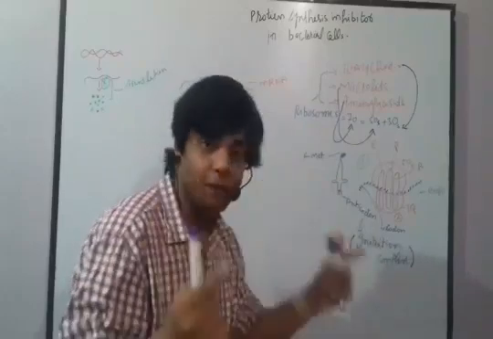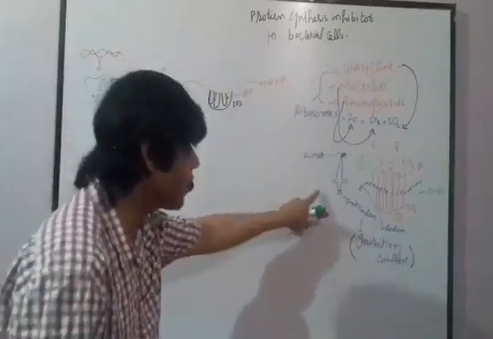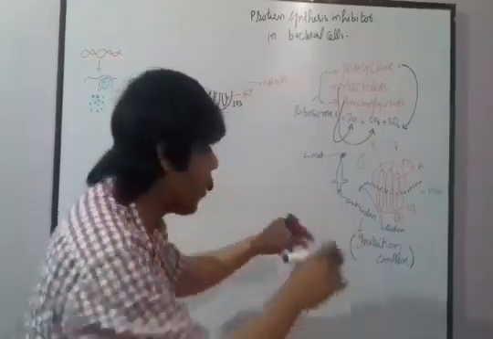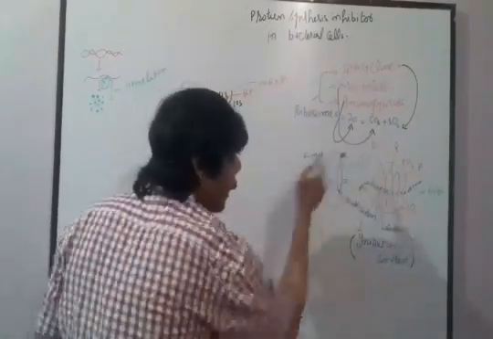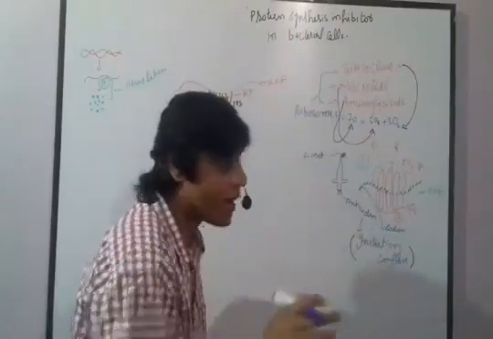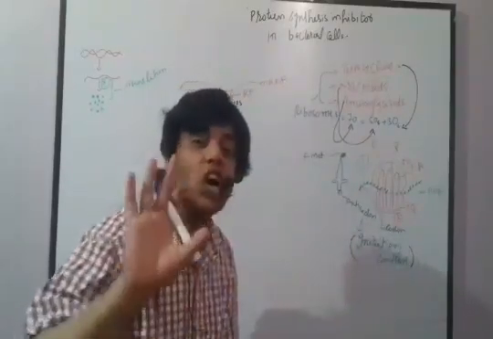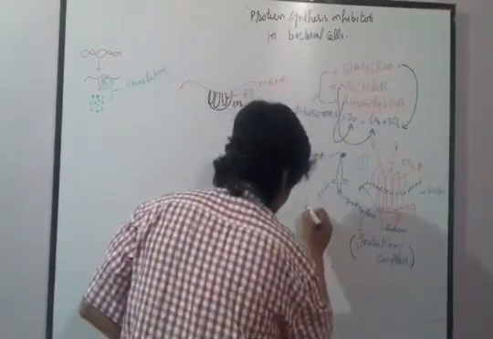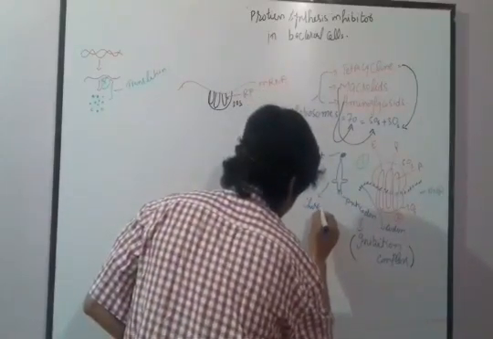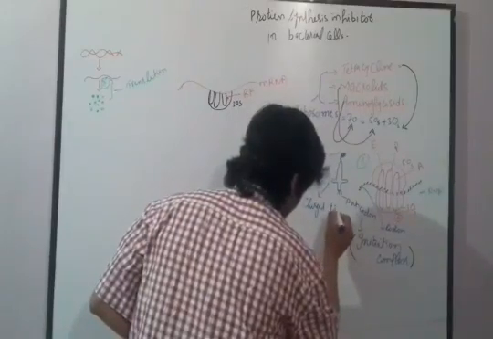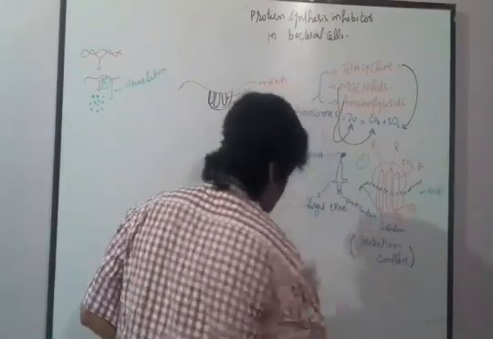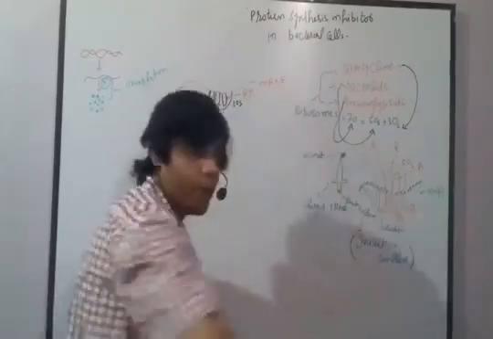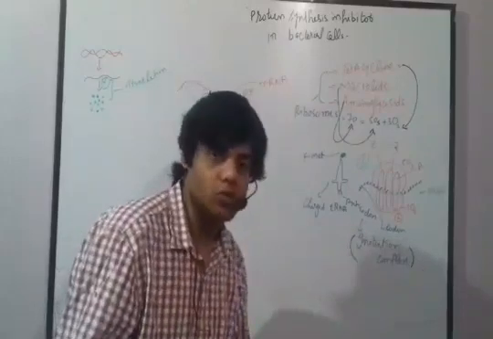One thing you should keep in mind: when the transfer RNA contains the amino acid, we call that charged transfer RNA. When it loses the amino acid, we call that uncharged transfer RNA.